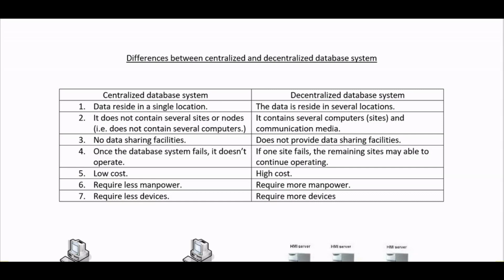It doesn't contain several sites. It doesn't contain any other places. It is stored in a single place and in a single computer, which is remotely accessed by other users or clients.